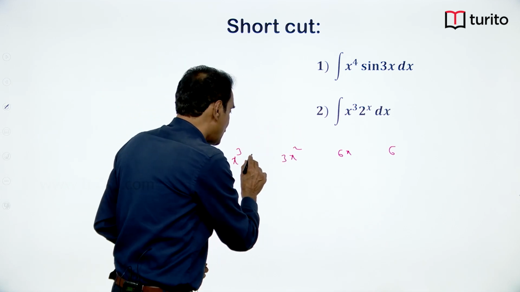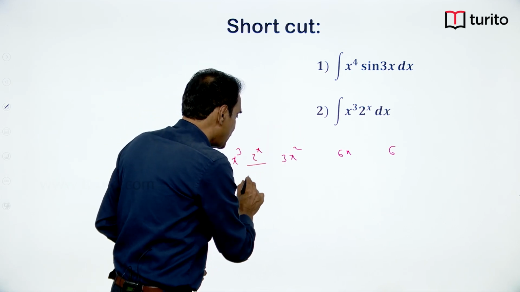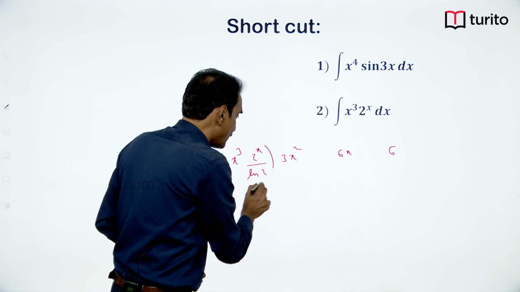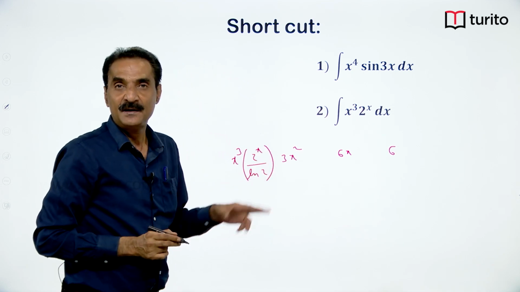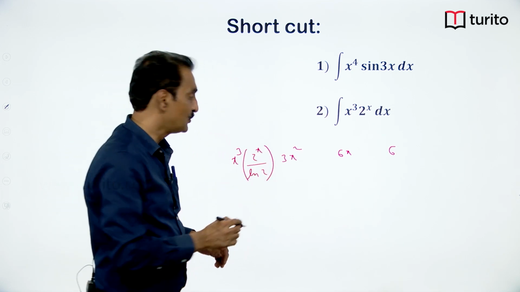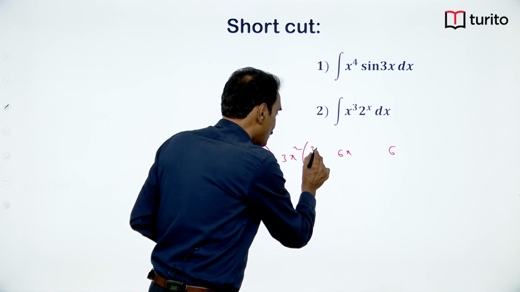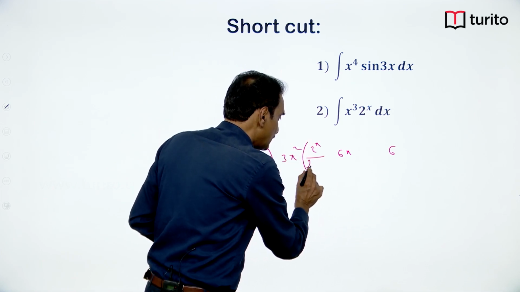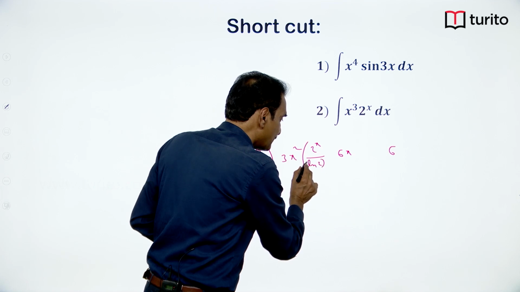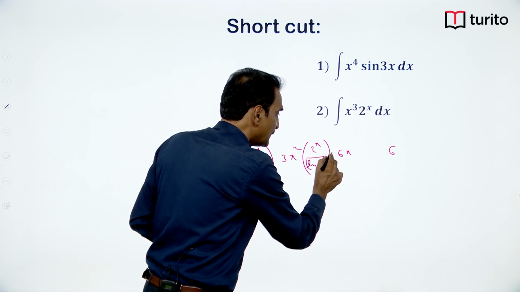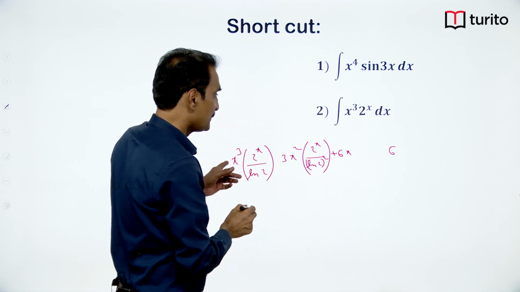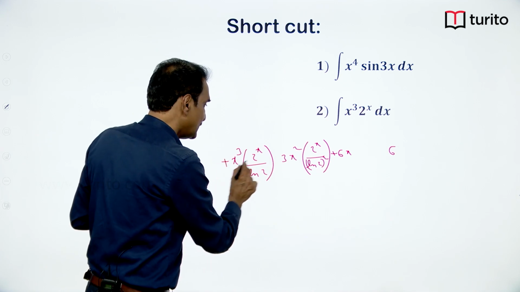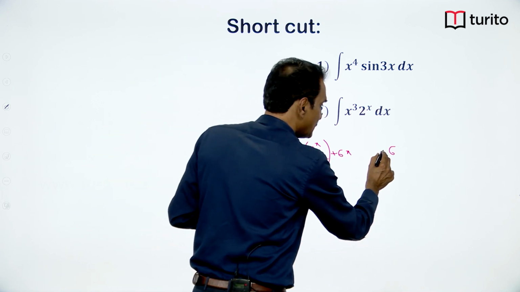Integral of 2 power x is what? 2 power x by ln 2. Again integrating 2 power x by ln 2, you will get (2 power x by ln 2) whole square. We have forgotten to write the signs: plus, minus, plus, minus.